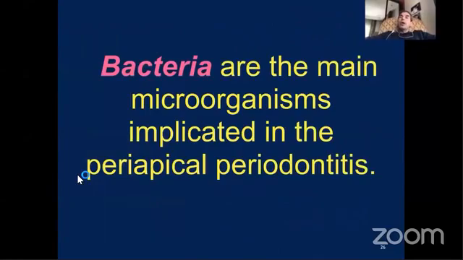When we talk about microorganisms, we have several types, like bacteria, parasites, viruses, and fungi. But bacteria are the main microorganisms implicated in periapical periodontitis. So we will focus on bacteria, and we will talk a lot about bacteria in the case of a necrotic tooth.